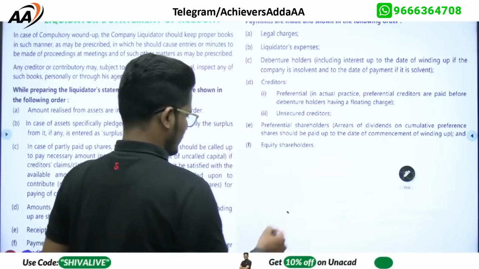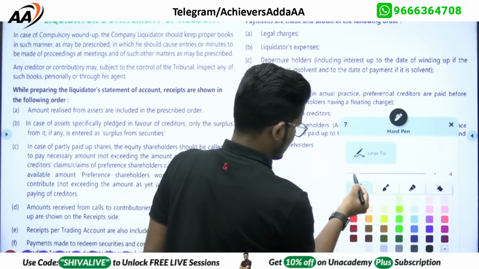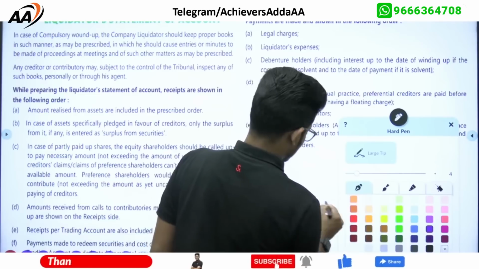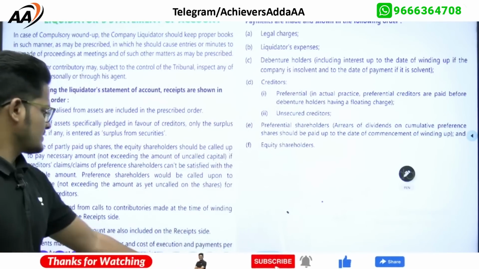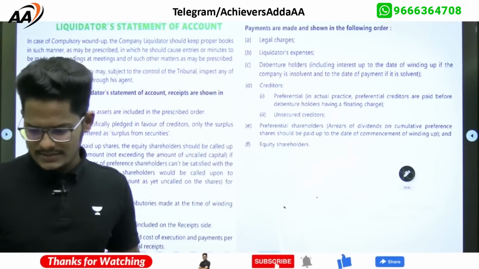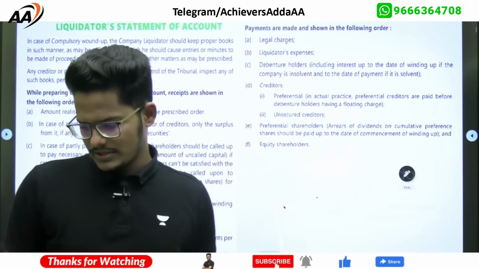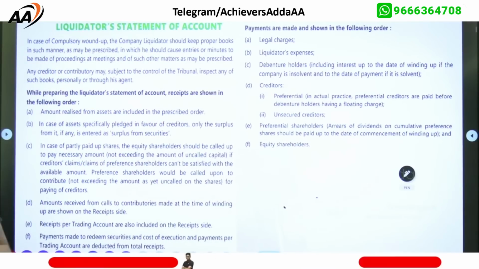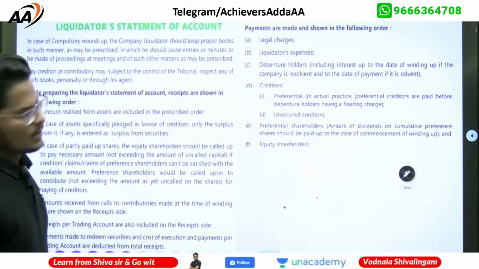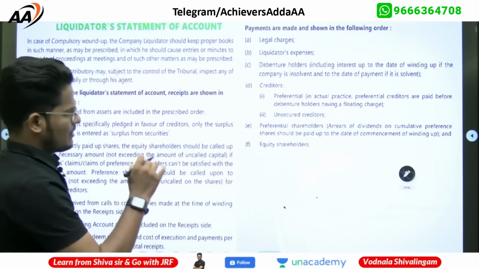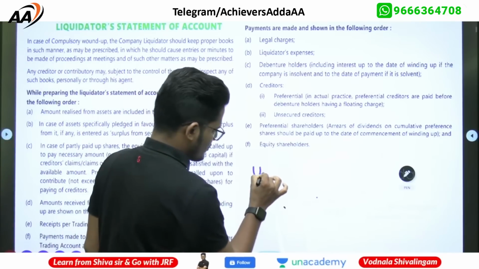So there is a 2021 question. First point of discussion is liquidator statements. This topic is from accounting, unit number 2. Hello Manu Prasad. So liquidation accounting is there, unit number 2.